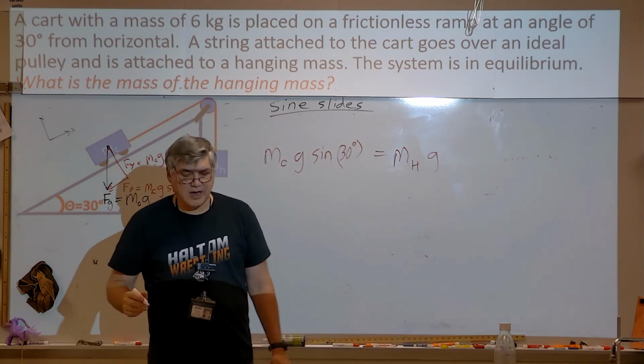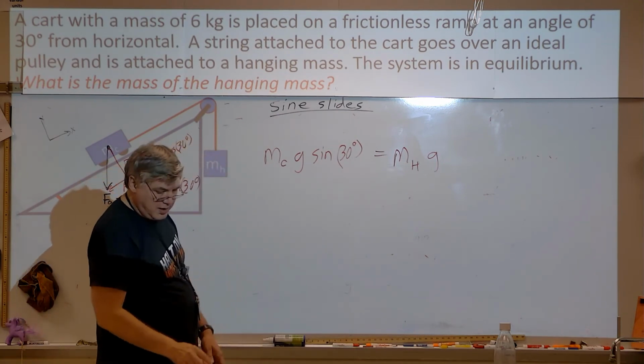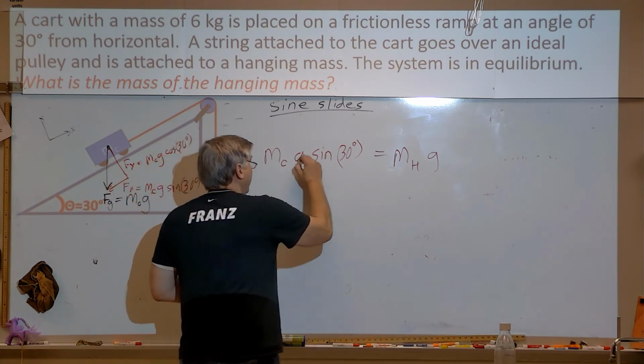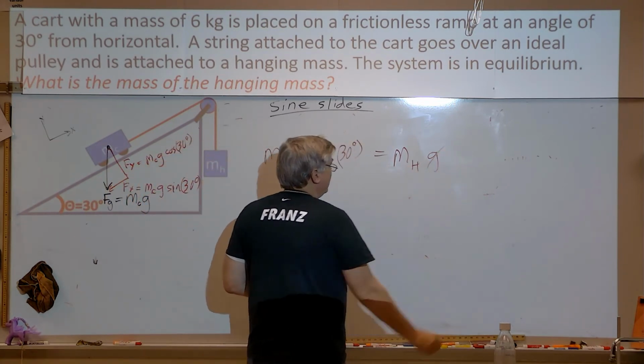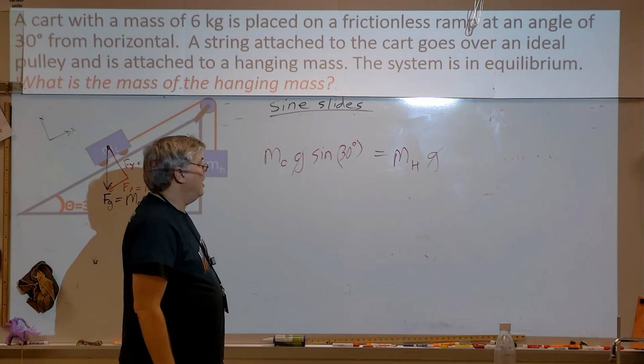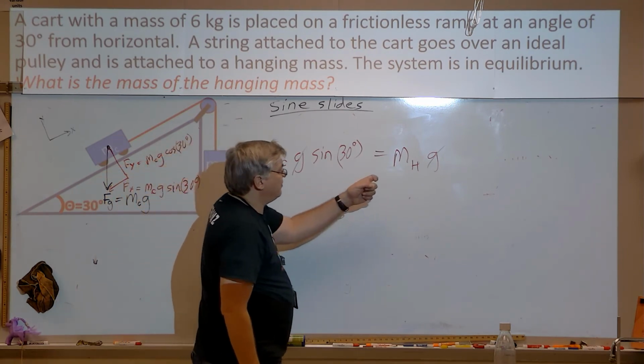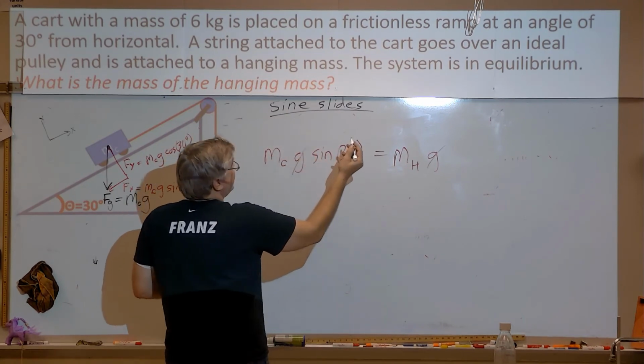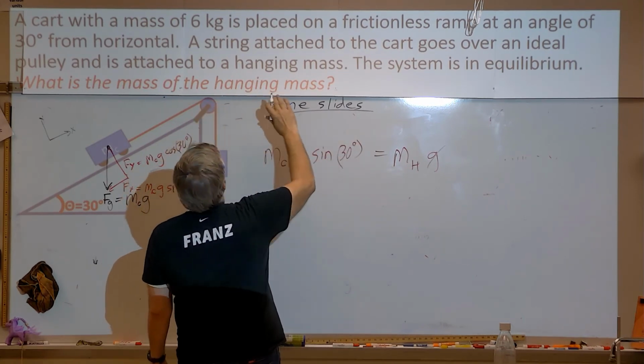Do we have anything in common? Yeah, we've got gravity in common, so let's get rid of that. We could make a ratio out of these if we wanted to, but we don't need to. Let's just plug in the values. What was the mass of the cart? 6 kilograms.